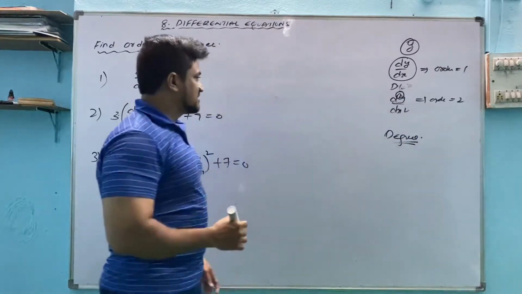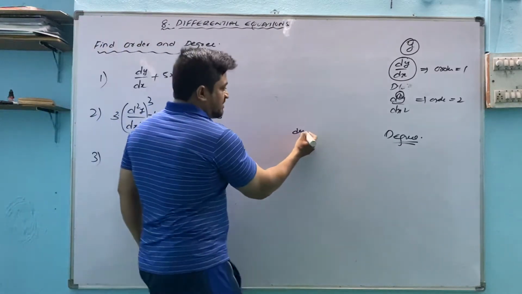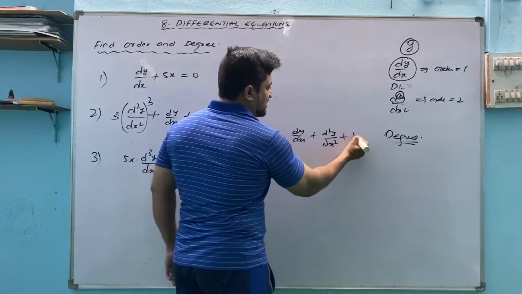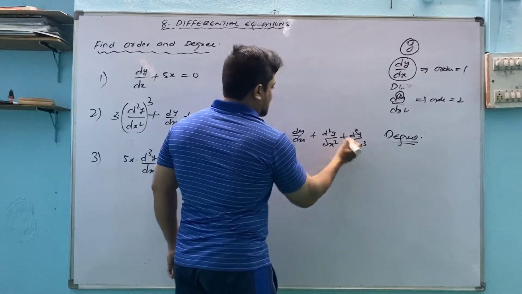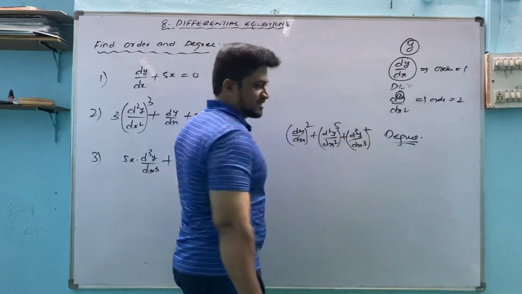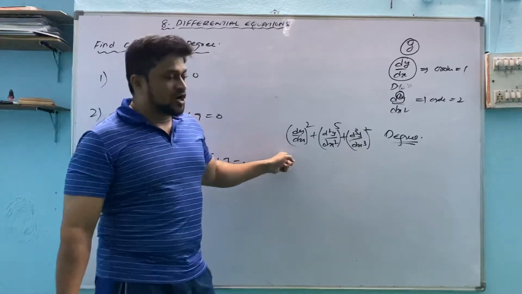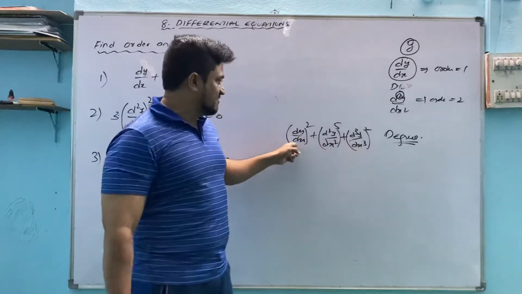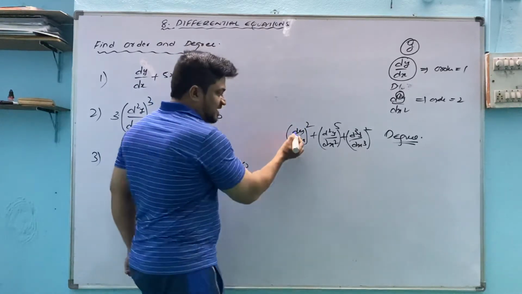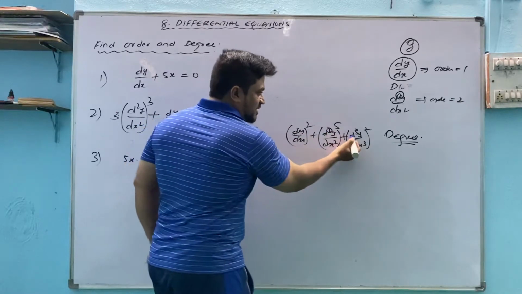Degree means the highest order function. Suppose I have a function where dy by dx is there, d square y by dx square is there, d cube y by dx cube is there, with some powers like that. Now what we have to check is the order in this one. Order means the highest time differentiated value. This is a single time derivative. Only check the power of d: here only 1, here the power of d is 2, here the power of d is 3.